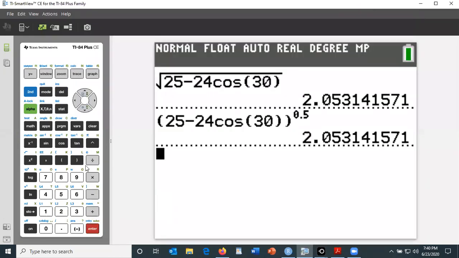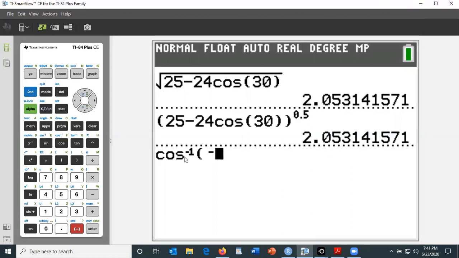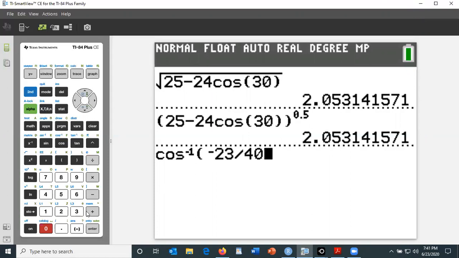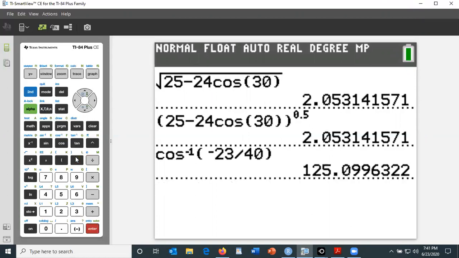Let's do that together. So we do second cosine. Now if you're looking at my calculator, there are two minus signs here. There's this subtraction minus sign, and we have here the negative sign. We have to use this one here because we're not doing subtraction in this expression. We're just entering in a negative number. So we have to use this negative sign here in the parentheses. And then type in 23 over 40. And then the answer there is about 125 degrees.